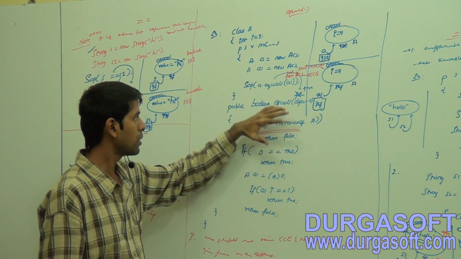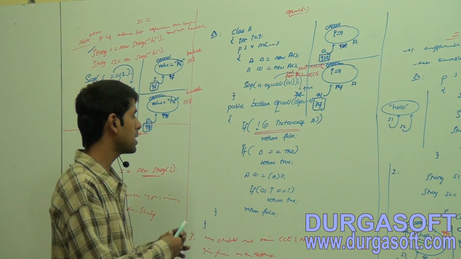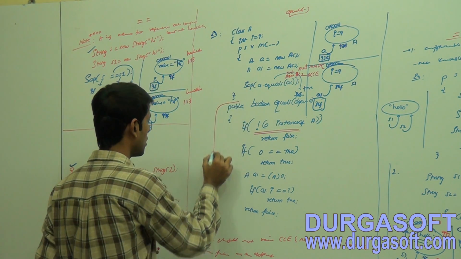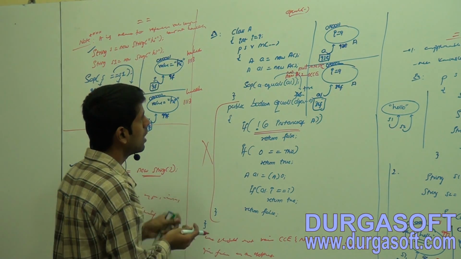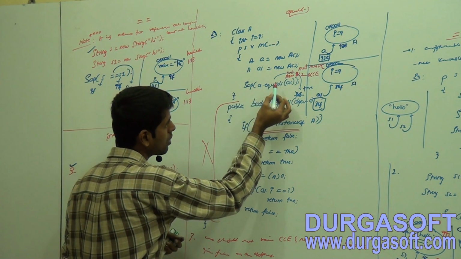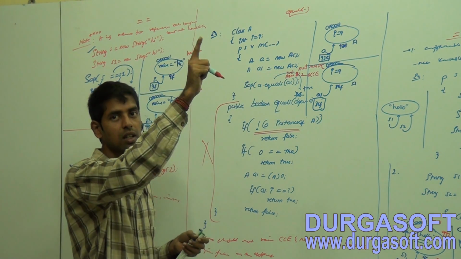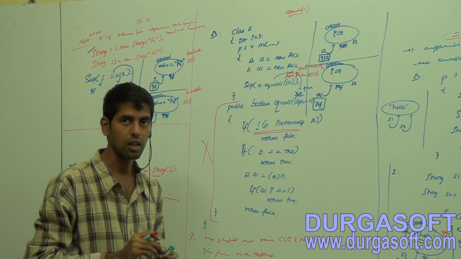So if I don't override this method, if this method itself is not available, and I call a dot equals of a1, then the object class equals method will be executing.